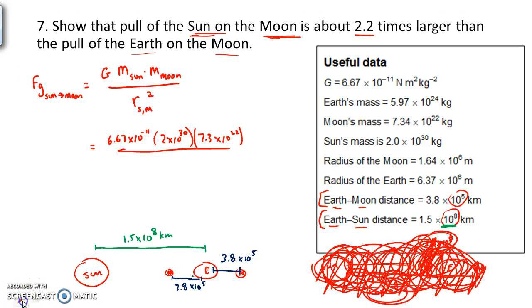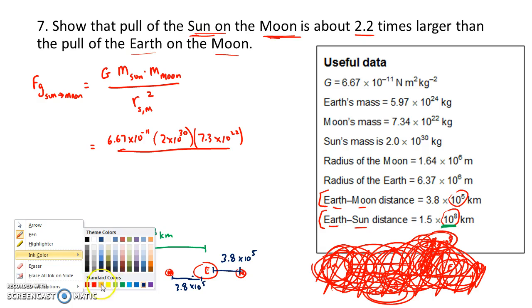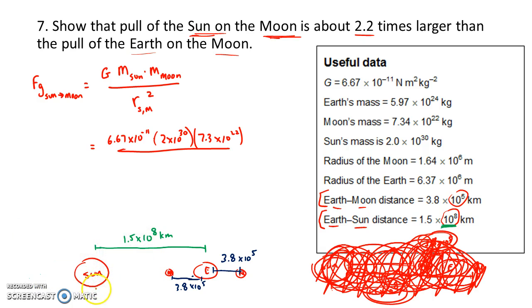So the distance from the sun to the moon is either 1.5 times 10 to the power of 8 minus this value, and that will give me my remaining distance, or it's 1.5 plus this value, or it's anywhere in between those two values.